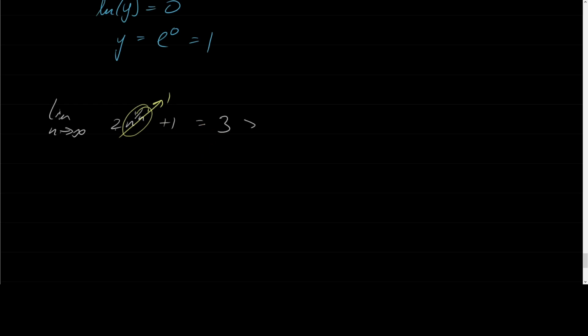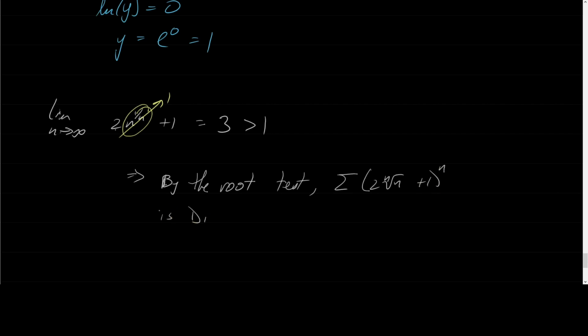And 3 is greater than 1. So by the root test, the series that we were interested in, which was 2 times the nth root of n plus 1 to the n, is divergent.